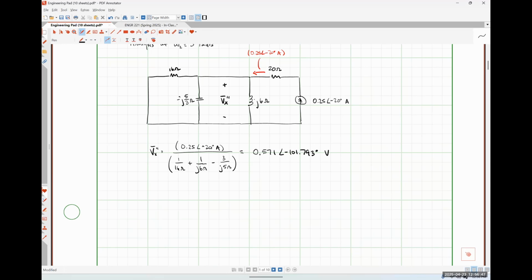We literally can't add them together in the frequency domain and get anything useful out of that. So we need to convert back into the time domain and then add those functions together. And that's actually going to be the voltage drop across these elements of interest here, okay?